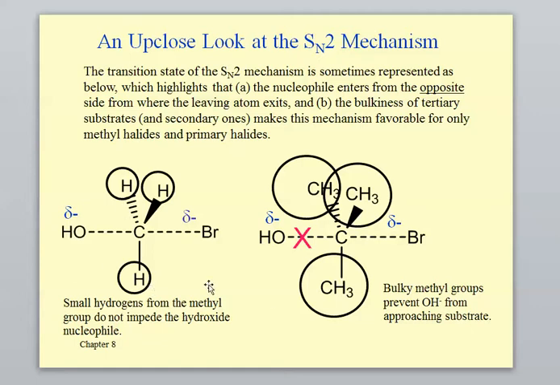So this is again the transition state of SN2, and we're comparing a methyl bromide with a hydroxide as the incoming group versus a tertiary butyl bromide. And the point of this picture on the right is that the OH group really doesn't fit. The 3 methyl groups here are rather bulky, and so their size prevents the hydroxide from being able to create a bond to that carbon right in the middle.